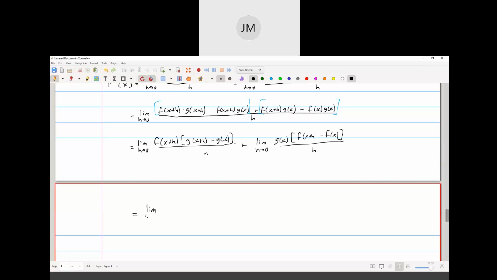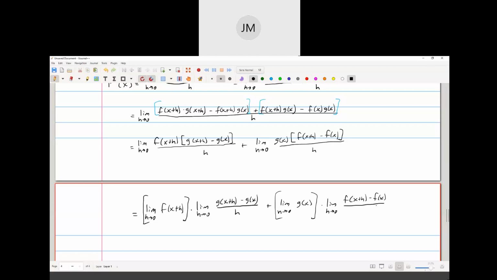So I'm going to take the limit as h goes to 0 of f of x plus h times the limit as h goes to 0 of g of x plus h minus g of x all over h, plus the limit as h goes to 0 of g of x times the limit as h goes to 0 of f of x plus h minus f of x, all of that over h.